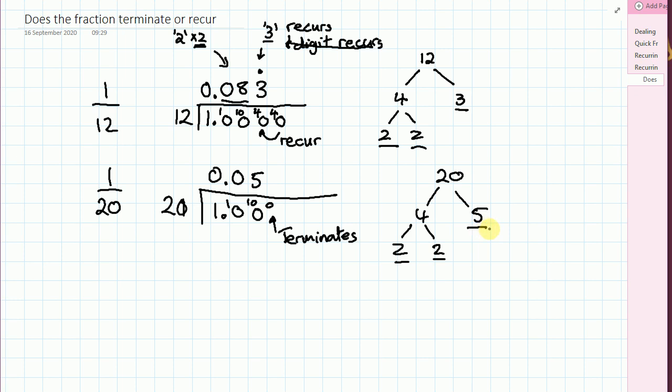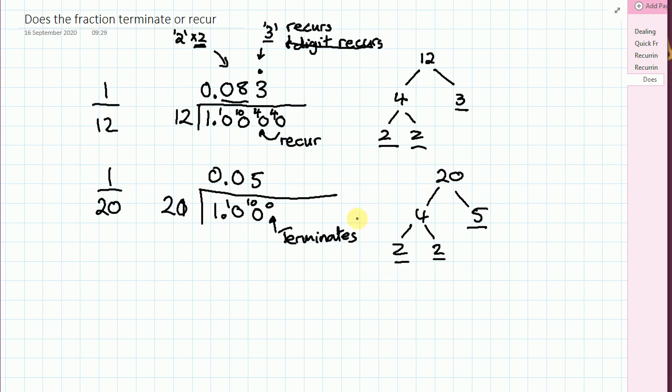There is a point at which this division will not work anymore. So let's take a fairly obscure one. Let's try 1 over 21. Yeah, that recurs after quite a lot, it's a hard one.